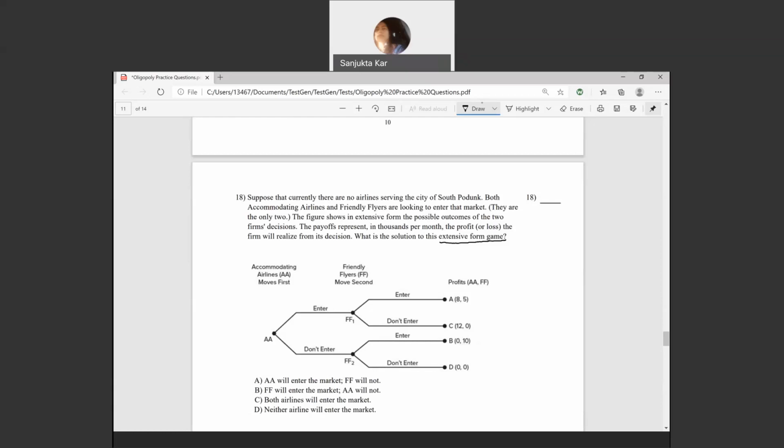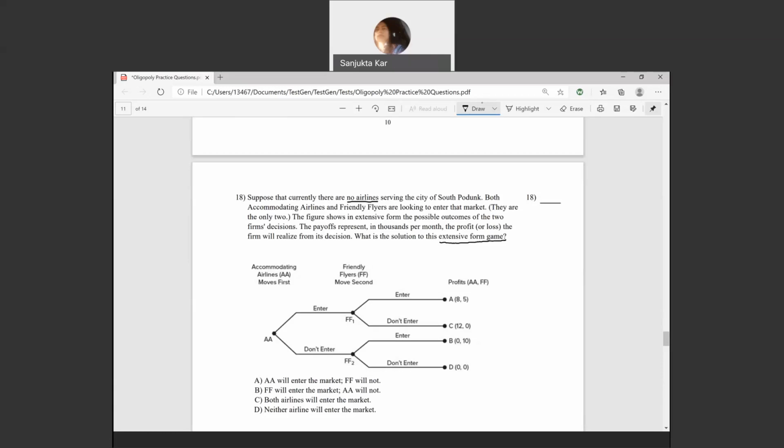There are no airlines serving the city of South Podunk, and both Accommodating Airlines and Friendly Flyers are looking to enter that market. There are only two airlines. The figure shows in extensive form the possible outcomes of the two firms' decisions. The payoff represents, in thousands per month, the profit or loss the firm will realize from this decision. What is the solution of this extensive form game?